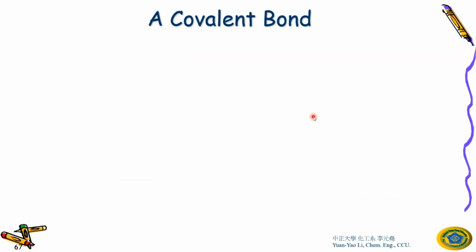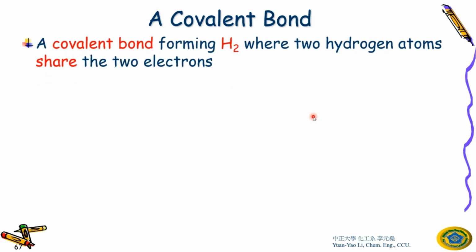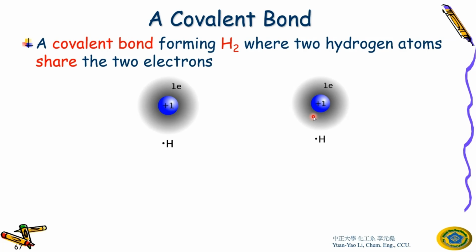So let's think of what a covalent bond is. A covalent bond forms hydrogen gas where the 2 hydrogen atoms share the 2 electrons. For example, we have 2 hydrogen atoms, and each hydrogen has only 1 electron, right?